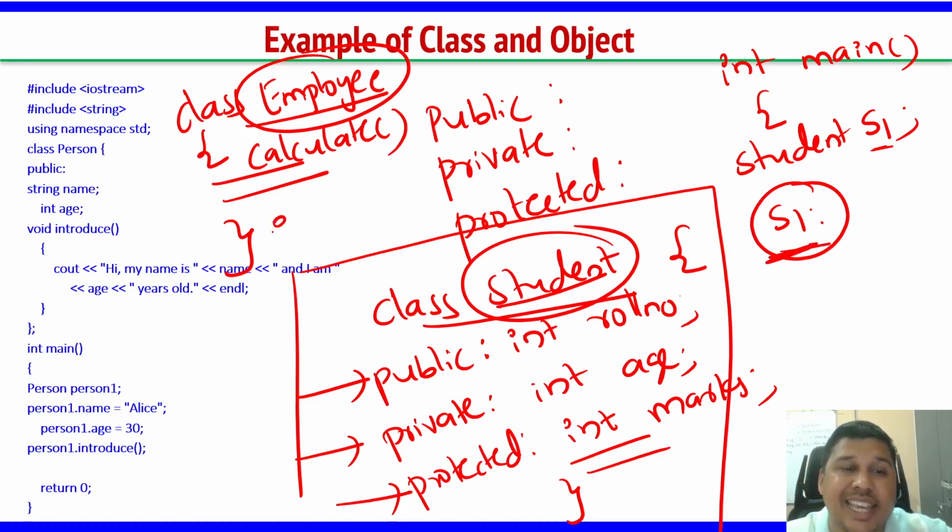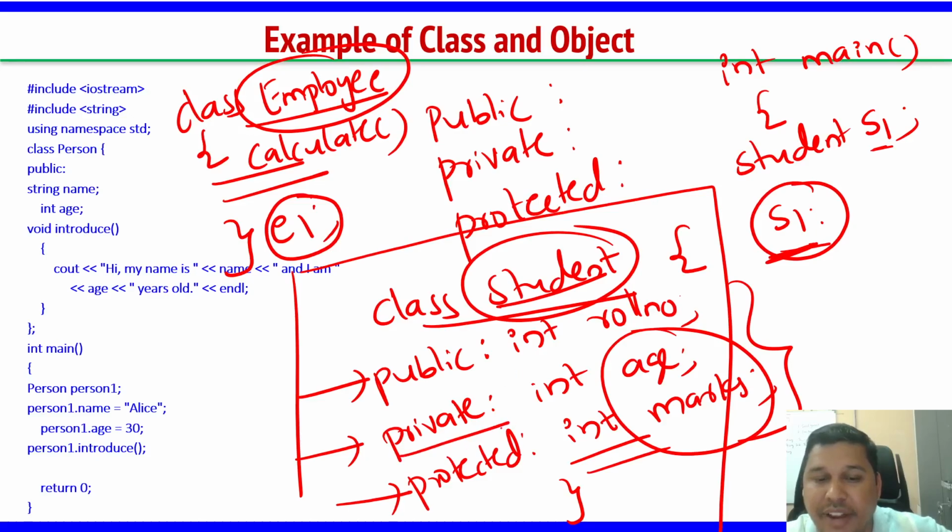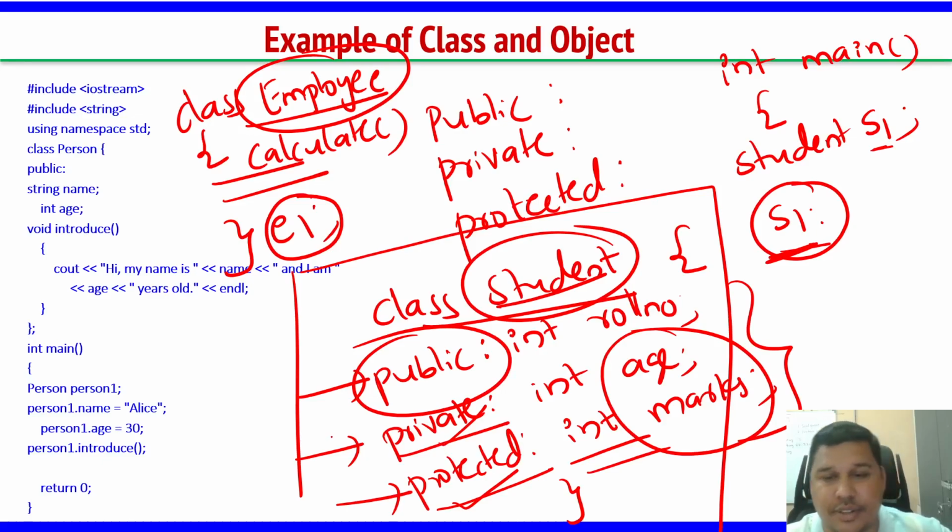For the Employee class, E1 is the object. This E1 object, which belongs to the Employee class, cannot access age and marks because they are private and protected. E1 can access only public. The variables declared as private and protected cannot be accessed by objects of other classes.